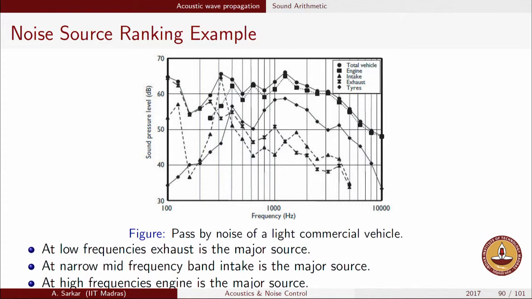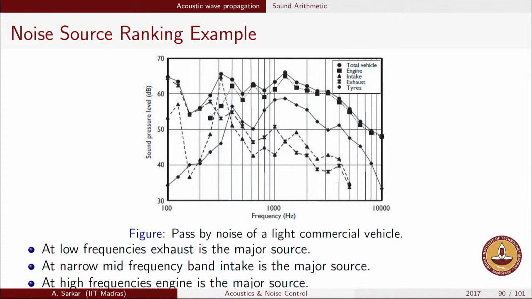But having said that, we must realize that the overall SPL is contributed by all these components, and the overall dB level here will be reduced if one can control either the low frequency noise through the exhaust or the high frequency noise which is happening just around 1000 hertz.